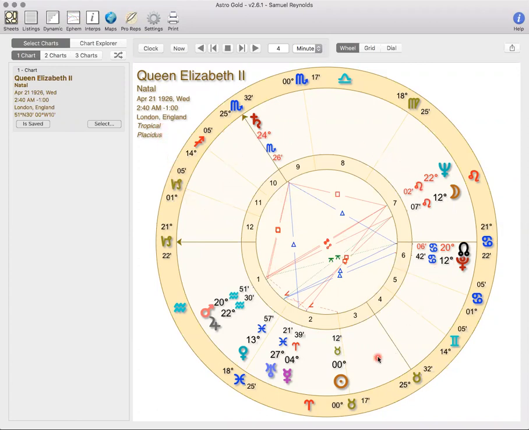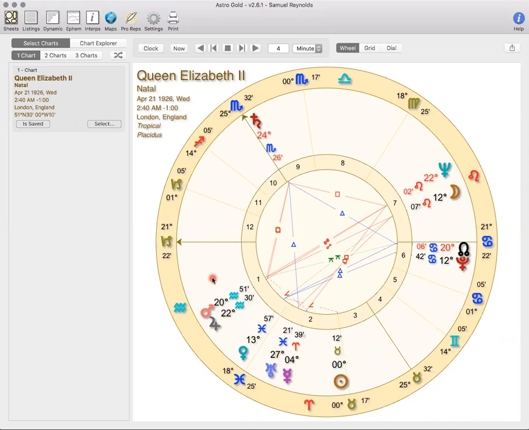And a natal chart is a snapshot of where the planets were, in what degrees, and we'll go over that in a second, at a particular point in time. So at 2:40 a.m. in London, England, this is a replica of where the planets were, at least tropically, for Queen Elizabeth II.